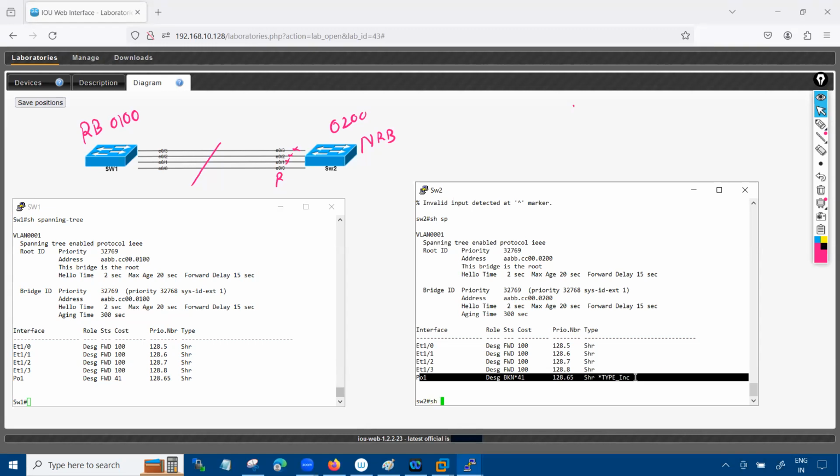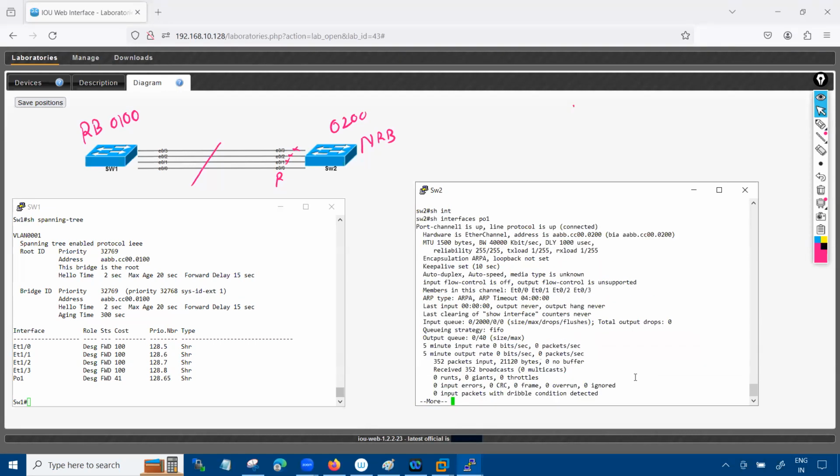Now if you have a look at interface Port-channel 1, the total bandwidth is 40 meg. Previously each link was 10 meg, and now we have converted it into 40 meg. So there is no blocking over there. I can utilize all my bandwidth.